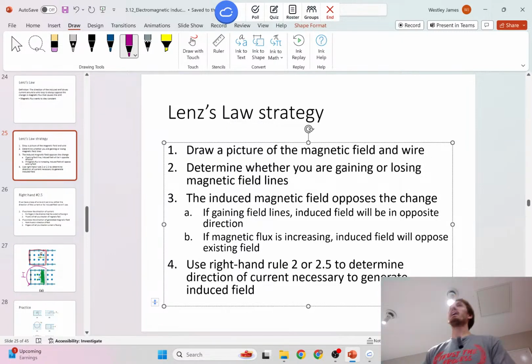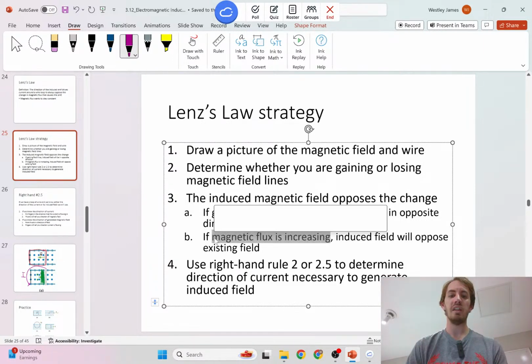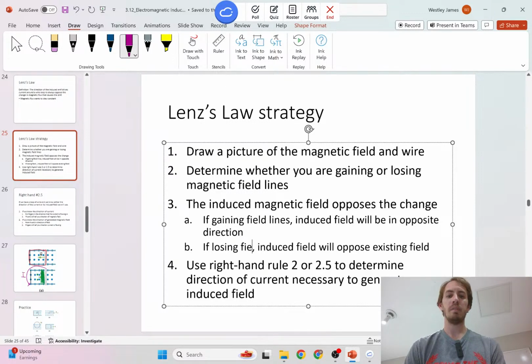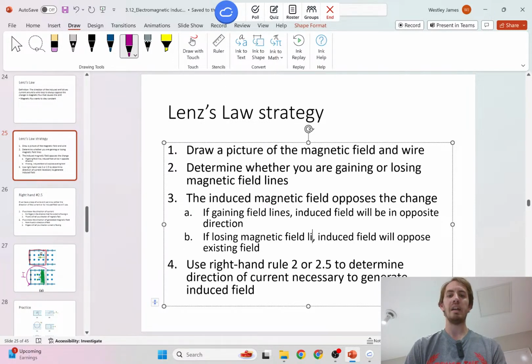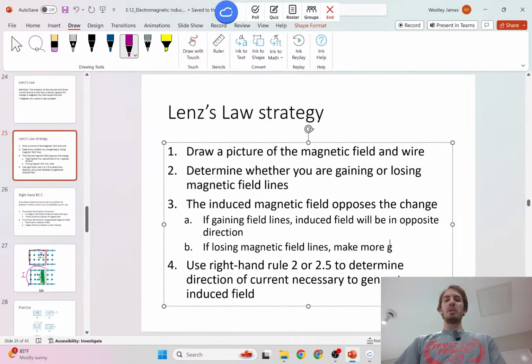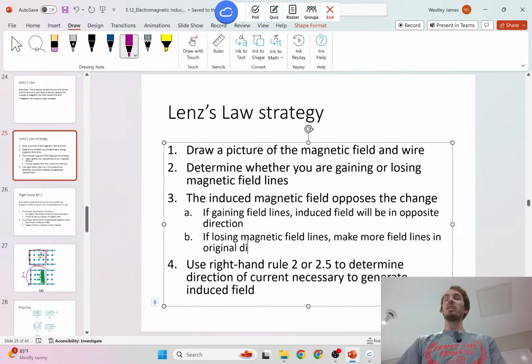So if I'm gaining field lines into the page, how do I cancel that? I make magnetic field lines the other way. If I'm losing magnetic field lines, the induced field will oppose that. So if losing magnetic field lines, make more field lines in the original direction.